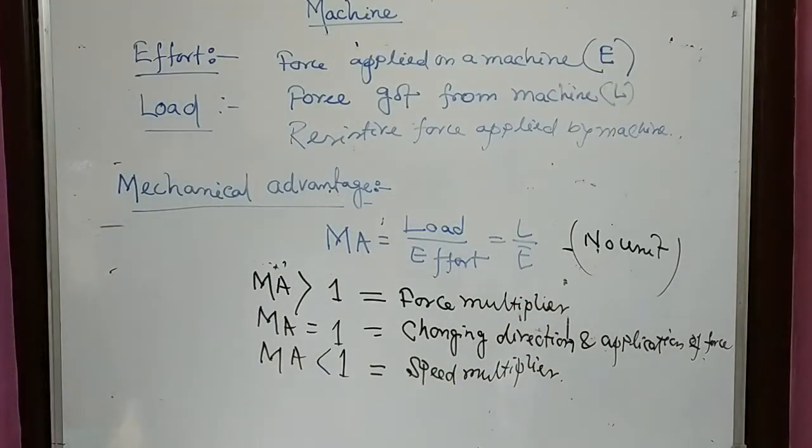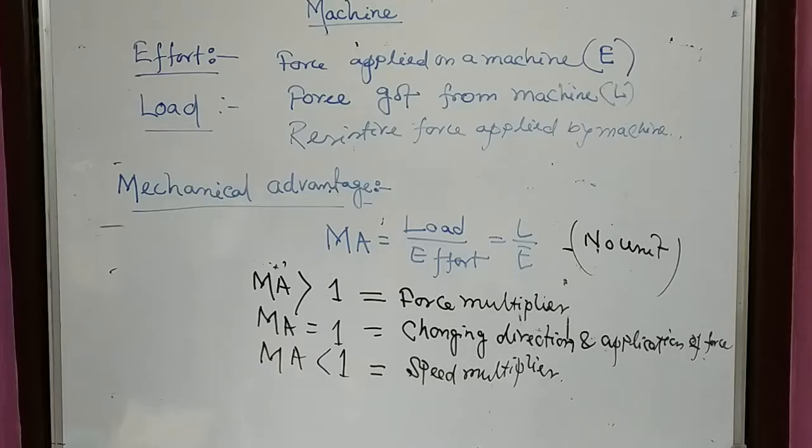So the 4 types of machine we have discussed earlier, with the help of mechanical advantage we can justify with a number. By seeing the value of mechanical advantage, we can understand whether the instrument can be used as a force multiplier or a speed multiplier, or for changing direction or the application point of force.